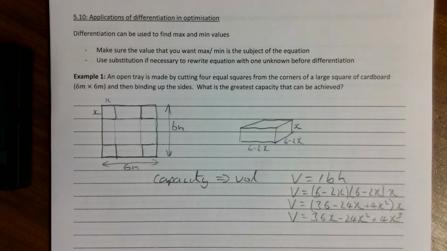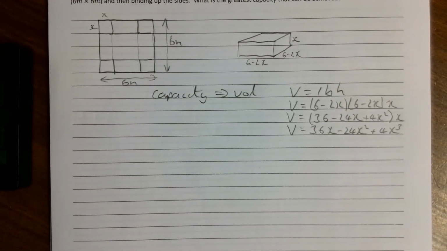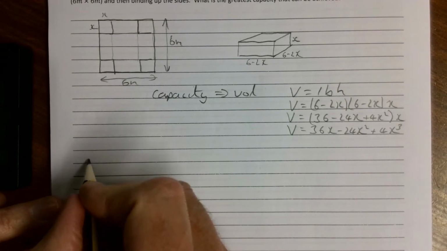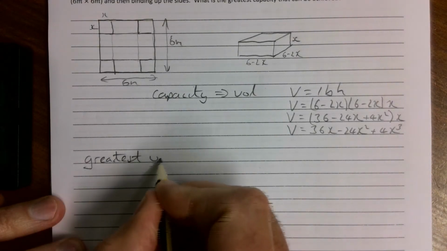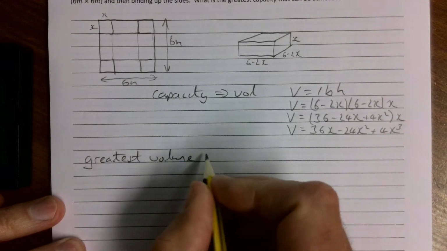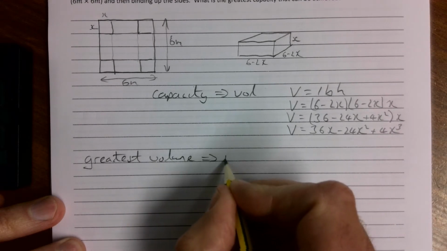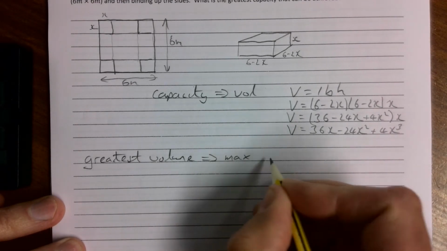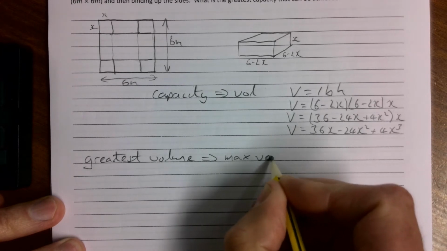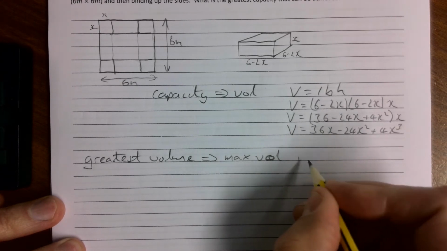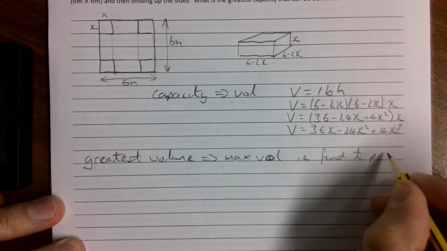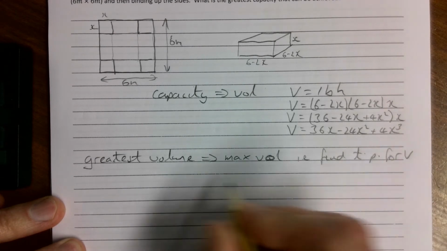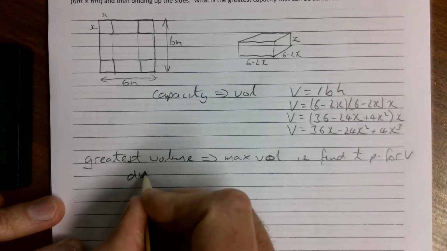We're trying to find the greatest possible volume, so that's what we're going to have to differentiate. Greatest volume is going to be our maximum volume, i.e. we want to find the turning point for V. We then find dV by dx.